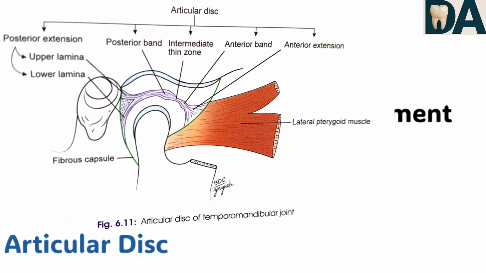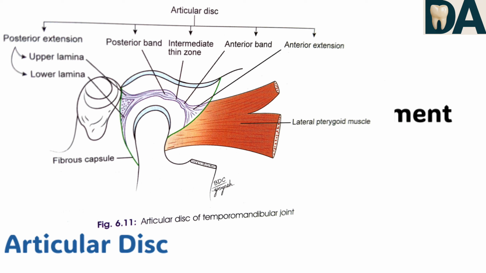The anterior extension is attached to the tendon of the lateral pterygoid muscle, and the posterior extension is split into two parts, the upper lamina and the lower lamina.